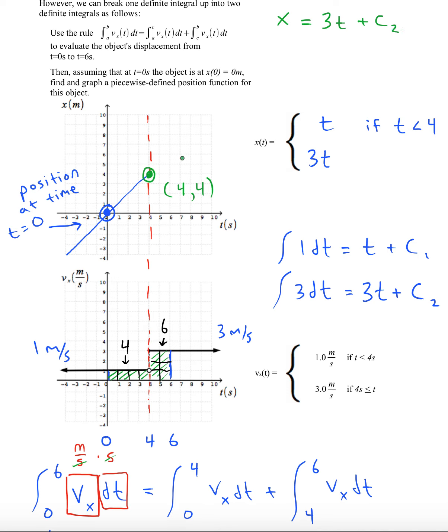I'll plug in this combination of t and x. And now I have to solve for c2. c2 is negative 8.